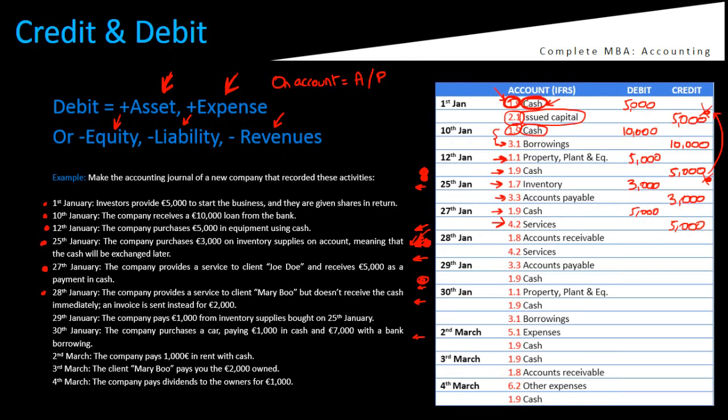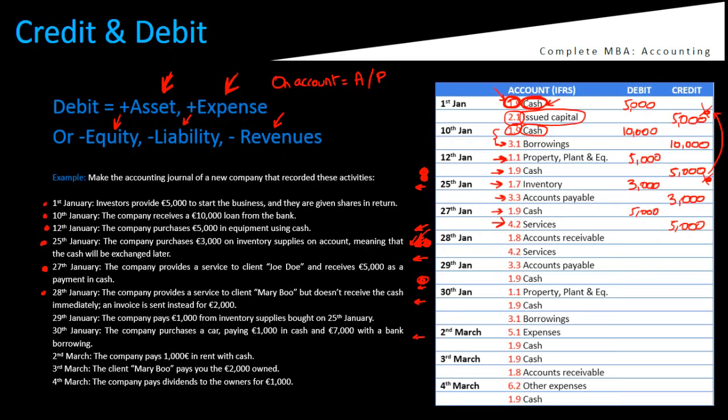Now let's go to the 28th. On the 28th, what I did here is increase the difficulty a little bit so that you go and learn a little bit more. Here the company provides a service to the client Maribu, but doesn't receive the cash immediately. An invoice is sent instead for 2,000 euro.